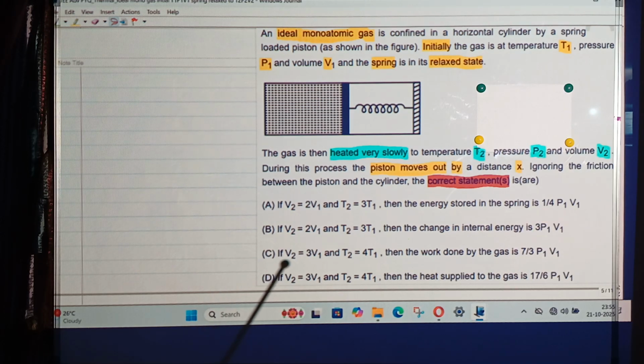Option C, if V2 equal to 3V1 and T2 equal to 4T1, then the work done by the gas is 7/3 P1V1. Option D, if V2 is 3V1 and T2 is 4T1, then heat supplied to the gas is 17/6 P1V1. You can pause and try this question.